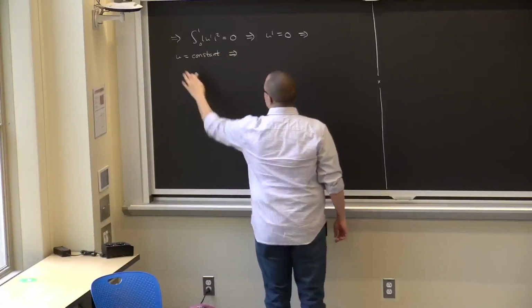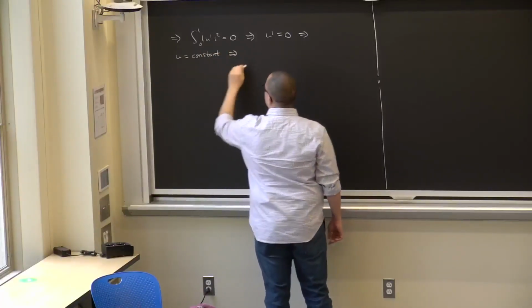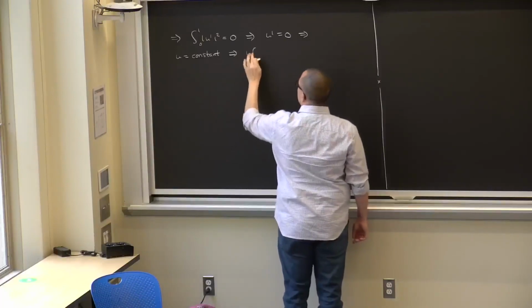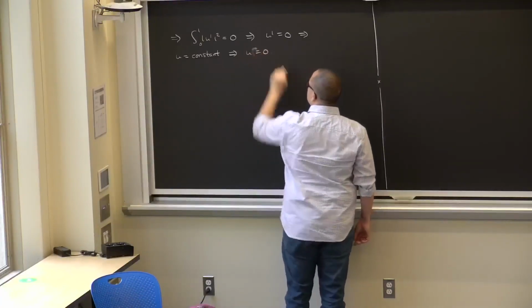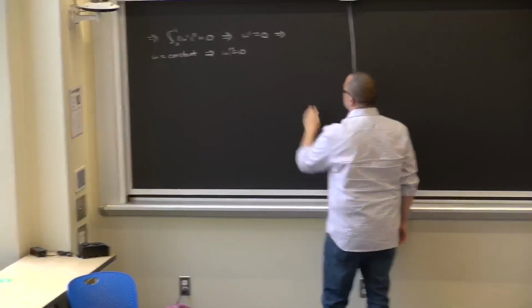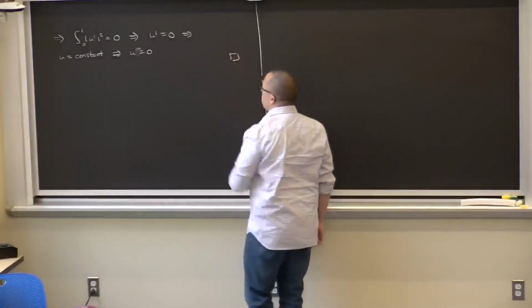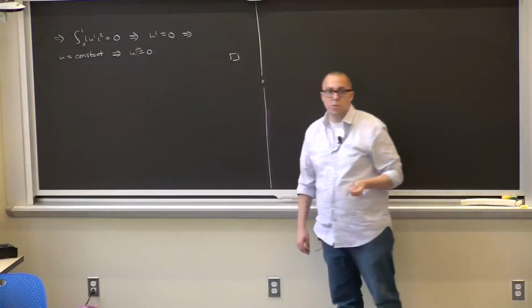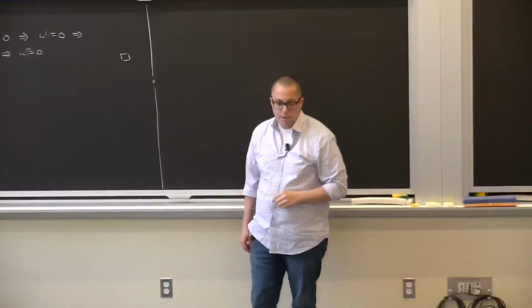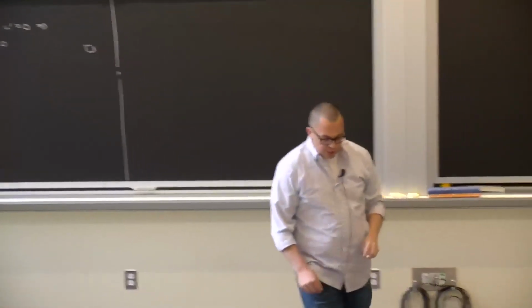And because u is constant and u of 0 equals 0, I get that u is identically 0, the 0 function, which is what I wanted to show. u equals 0 means u1 equals u2. Okay? So that's uniqueness.